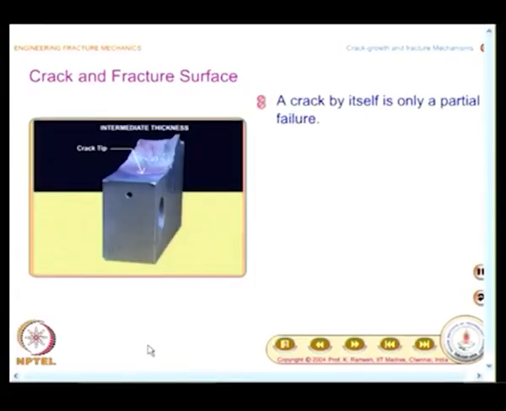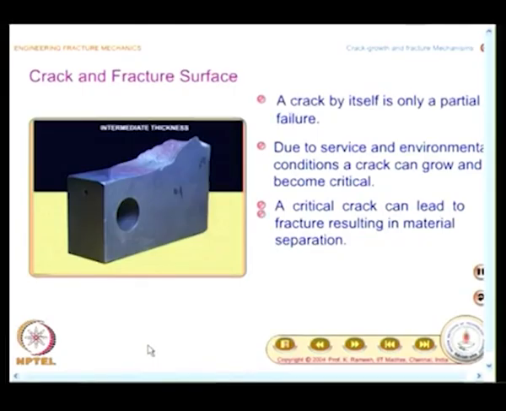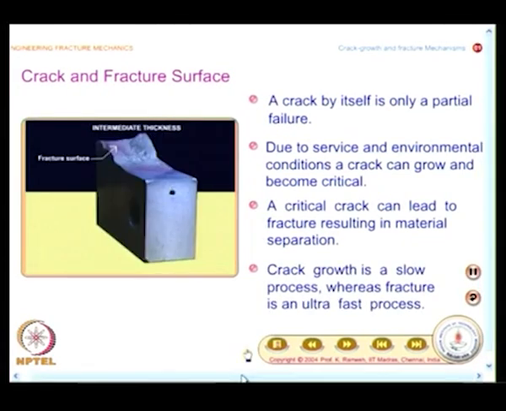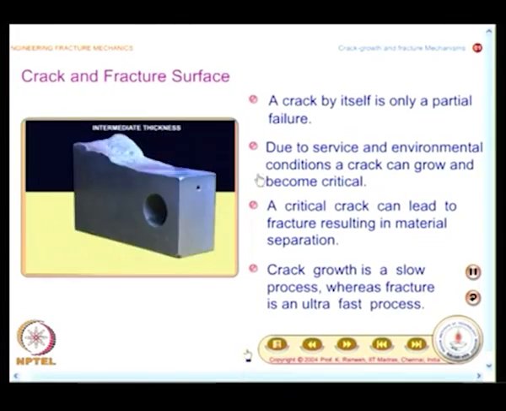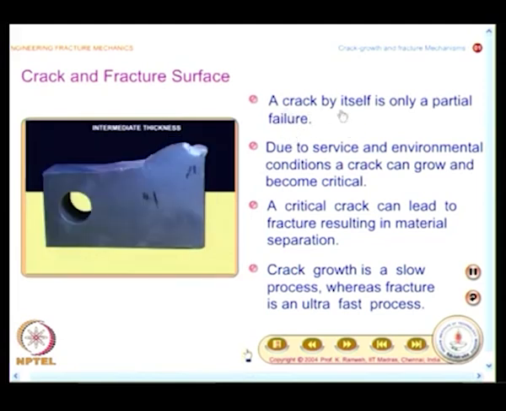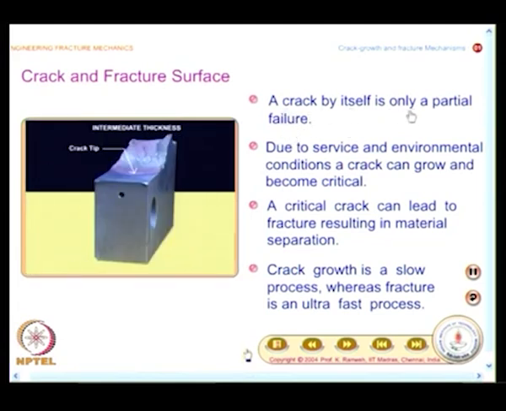And now we move on to the next chapter on crack growth and fracture mechanisms. You have understood reasonably well after a very long overview on fracture mechanics. A crack by itself is only a partial failure.